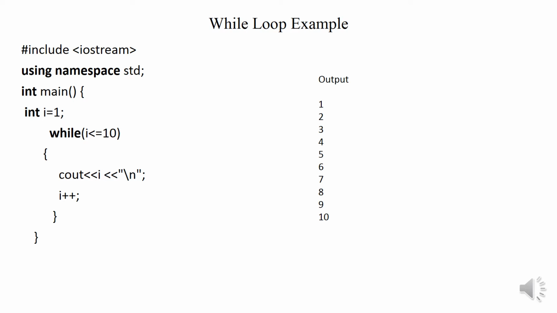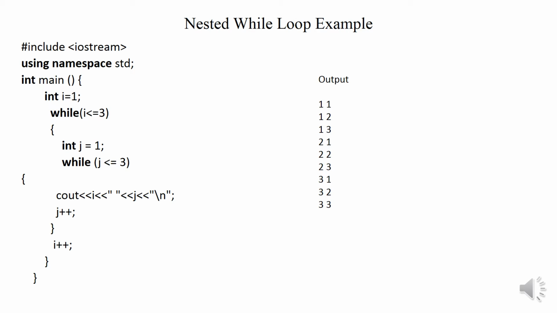So here i is equal to 1, we do not change that value, and it will execute the test condition i is less than or equal to 10, and then it prints 1 to 10.